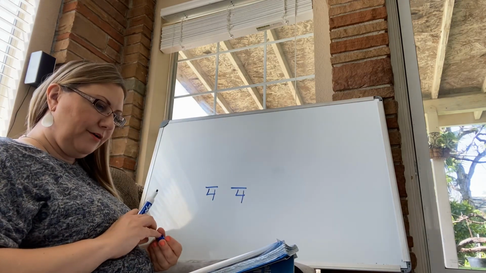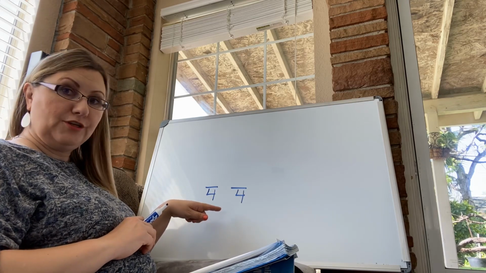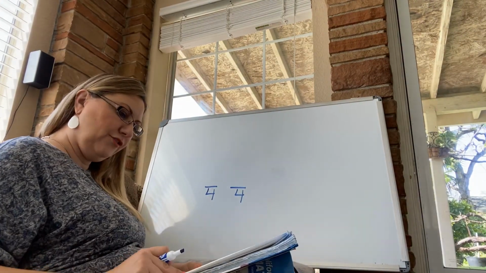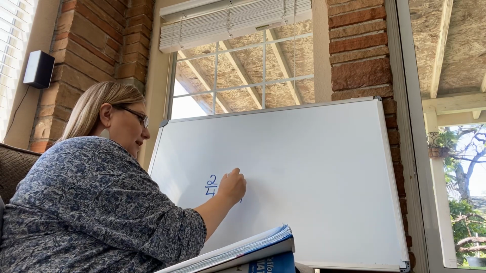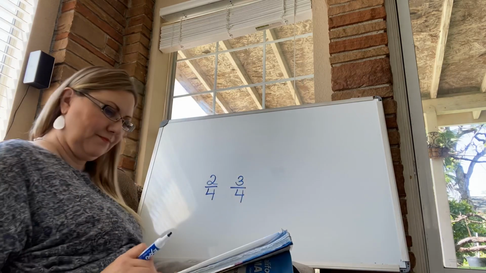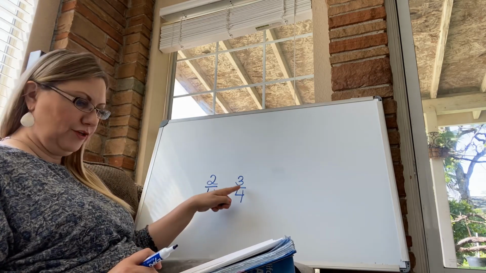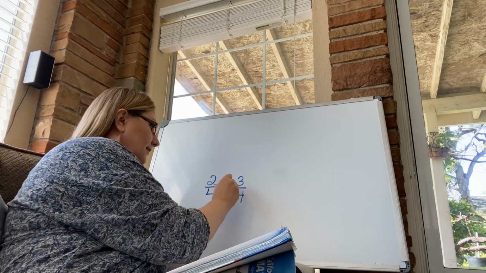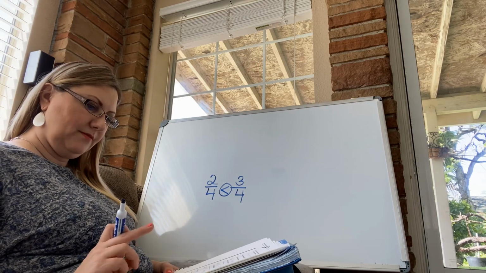same denominators, then the fraction with the greater numerator, so let's say here we have 2 and here we have 3. Again, the denominators are the same, and the fraction with the greater numerator is greater than the fraction with the smaller.